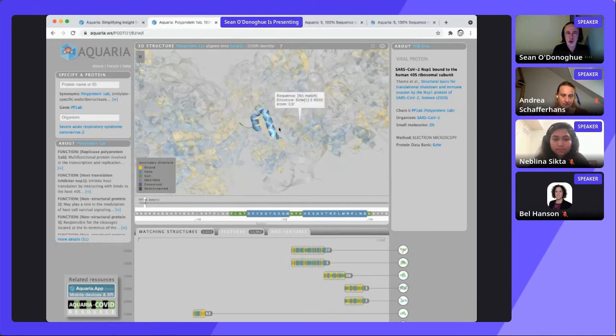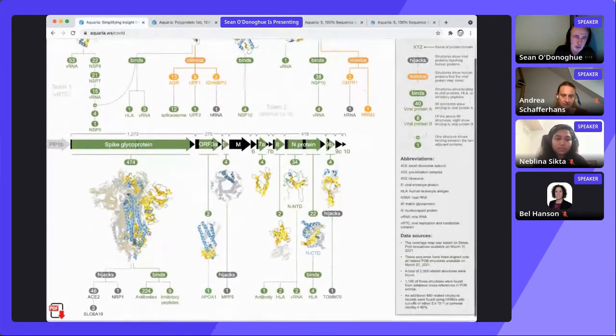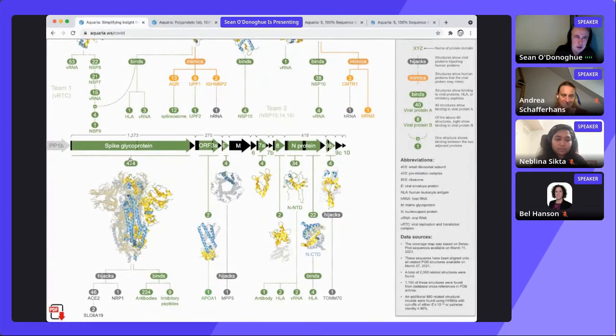That's really nice in this case, where we can see the binding of this portion of NSP1 to a groove where the RNA actually threads through, and this enables it to block and control the translation machinery from that point forward.